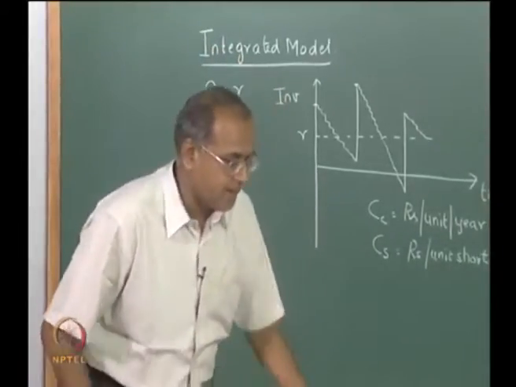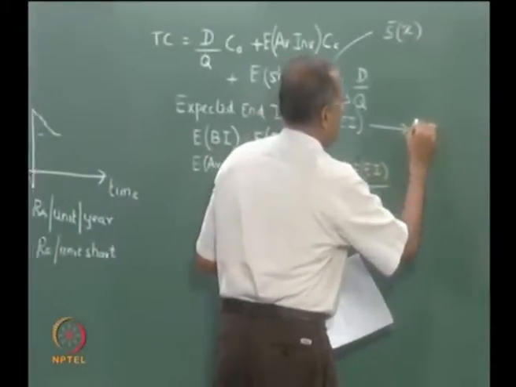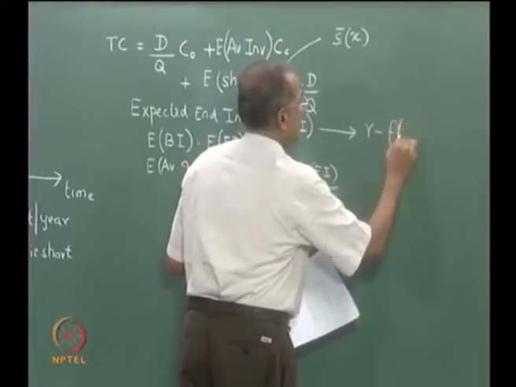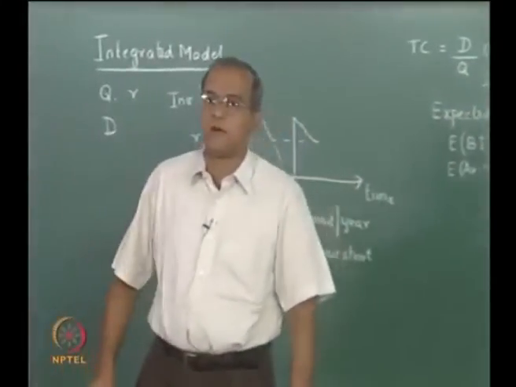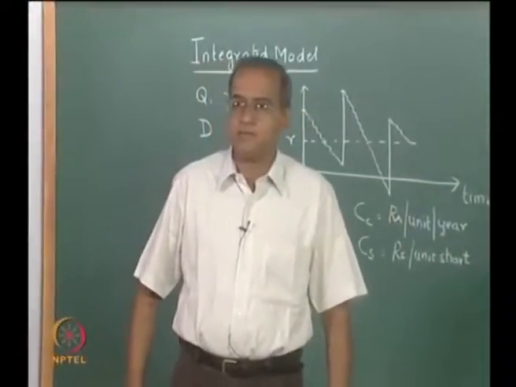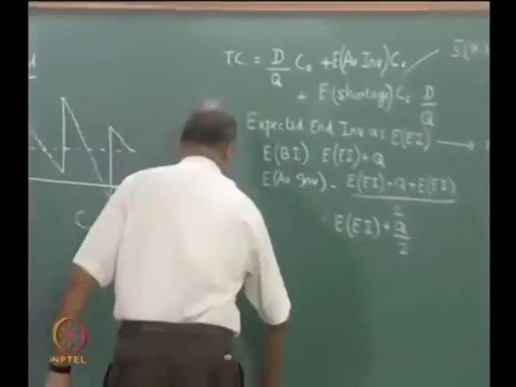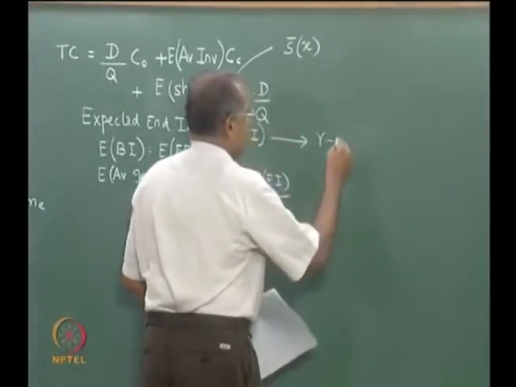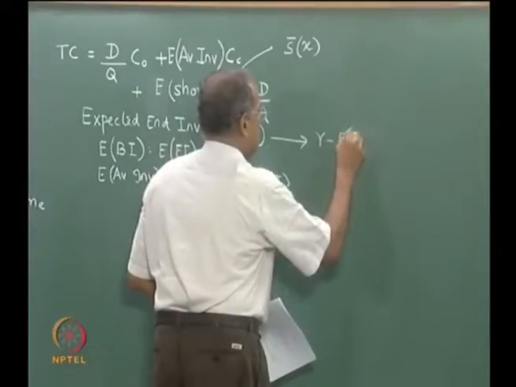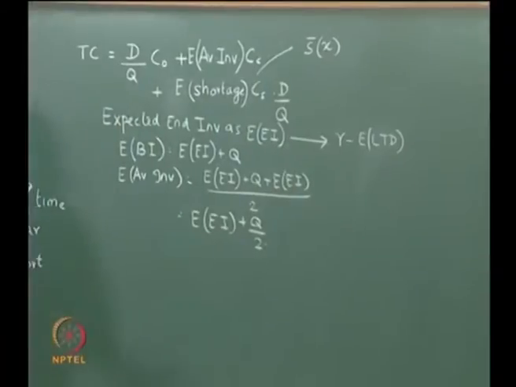Therefore the expected ending inventory will be R minus f of x, where f of x represents the expected value of lead time demand. Or we could use a slightly different notation and say R minus expected value of lead time demand.